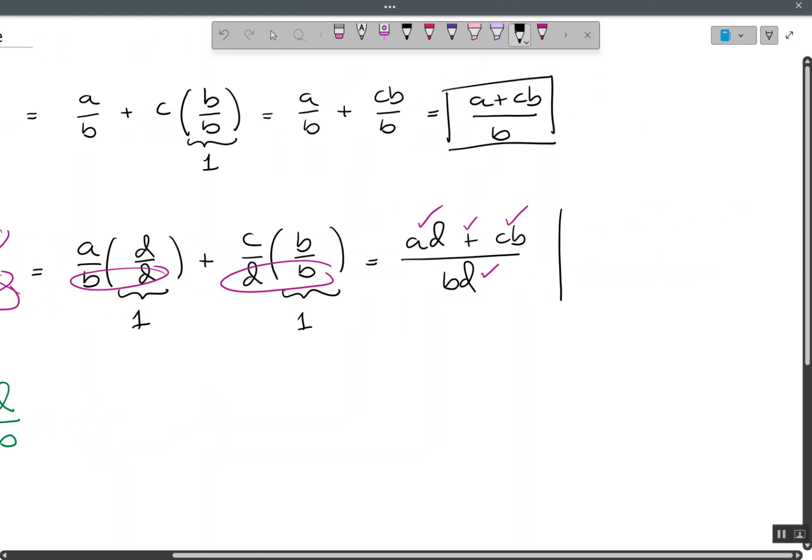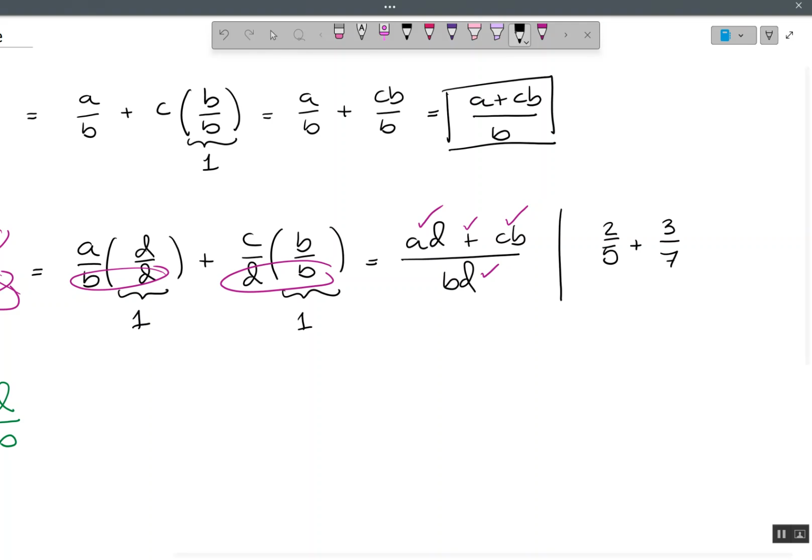So let's add 2/5 plus 3/7, no common factors on the denominators of either. So we're going to add these together using the butterfly method. So we've got 2 times 7, 14, plus 3 times 5, 15, all over 5 times 7, 35.